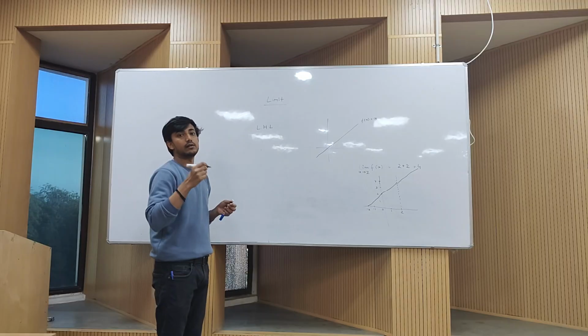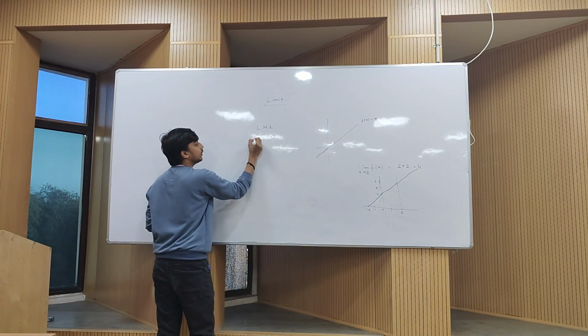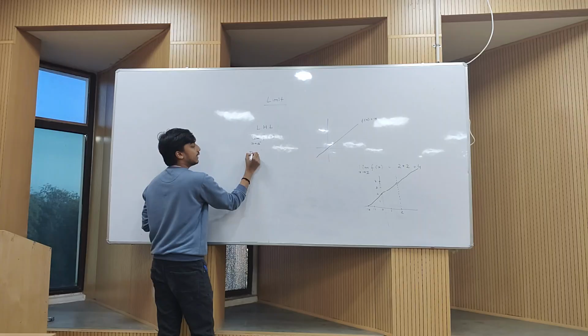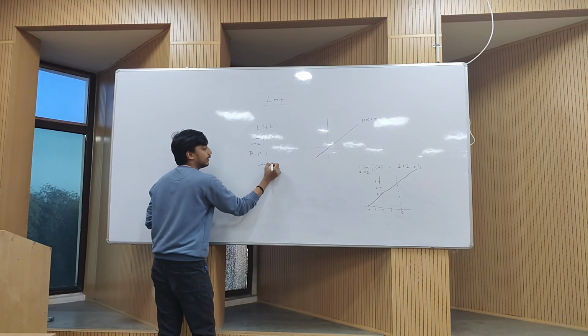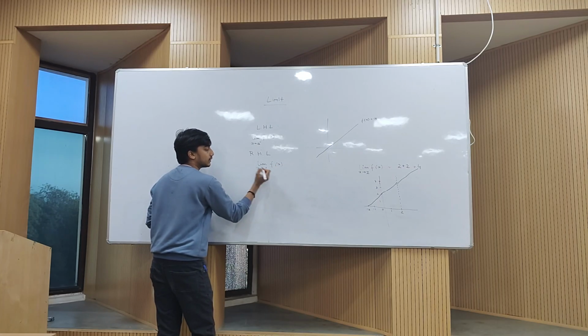It means left hand limit. And how is it represented? Limit of f(x), x goes to a minus, and right hand limit, limit of f(x), x goes to a plus.